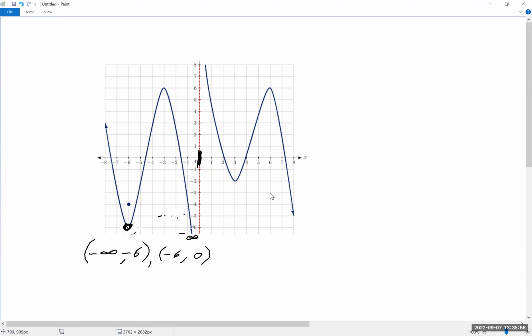So that's where we would get that 0 from. And then of course it starts back up. It starts from positive infinity up here, at the 0, and then it moves towards the right.